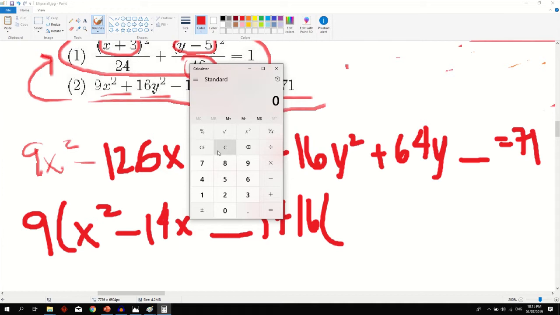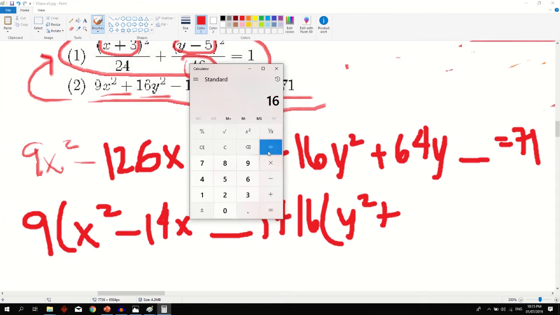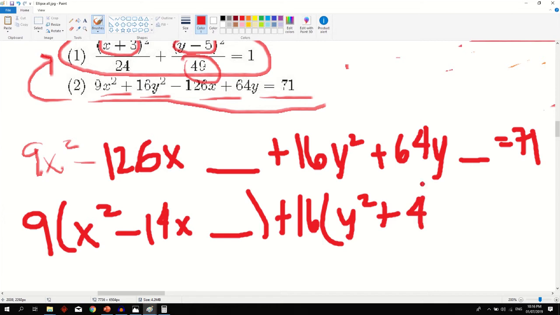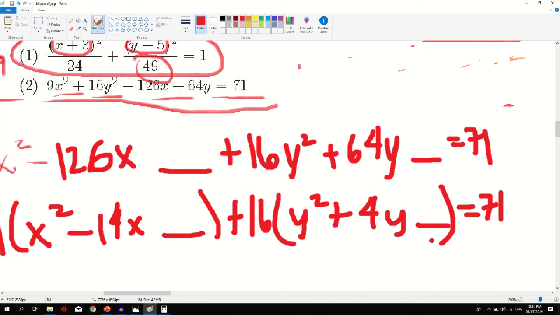So this will be y squared plus, 64 divided by 16 equals to 4. So this is plus 4y, I don't know that, equals to 71. Okay, that's how it is done.